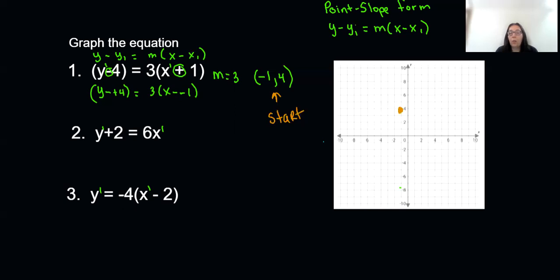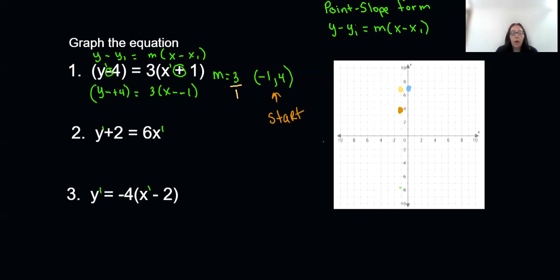Okay. Now, my slope, we always want our slope written as a fraction when we're graphing. So I'm going to put a 1 underneath it. Because the slope is positive, from my point I'm going to go up 3. 1, 2, 3, and I'm going to put a dot there. Then I always go to the right. So I'm going to go to the right 1, which puts us right here.